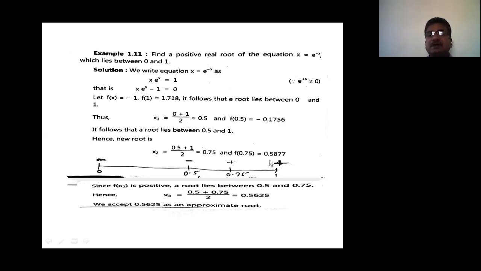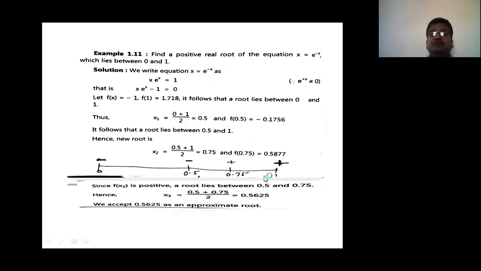So this answer is correct up to 1 decimal place, because if we subtract x2 and x3, the difference is not small enough. And so we declare that 0.5625 is an approximate root.